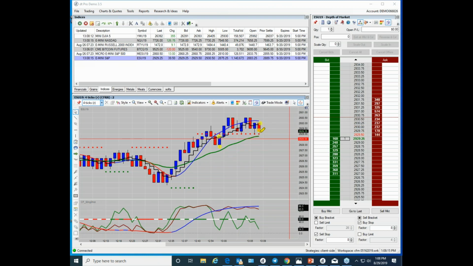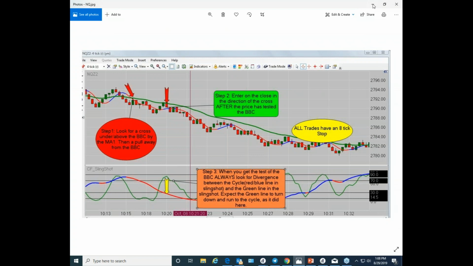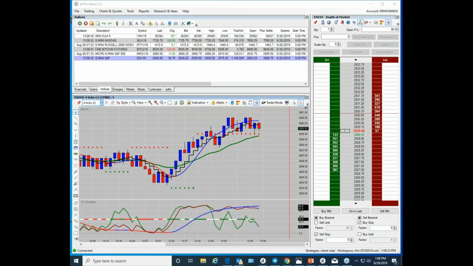When all the rules are in play, he's getting ready to place an order. He's going to place an order above the market. Here's the current market price right here. He's either going to be buying it on a stop or selling it on a stop, depending on the direction of the trend.